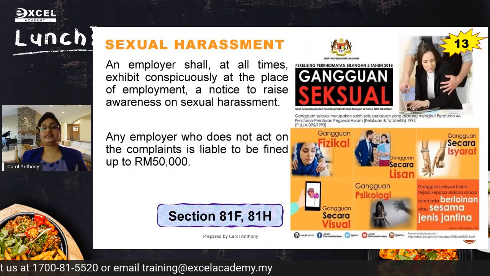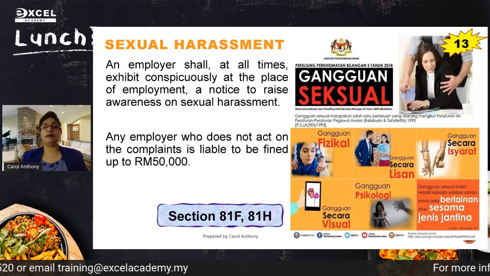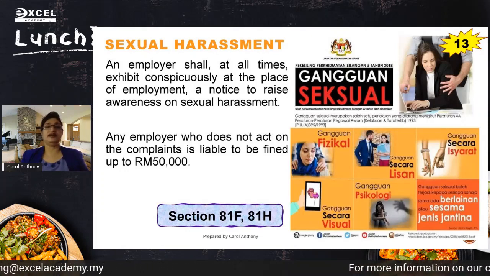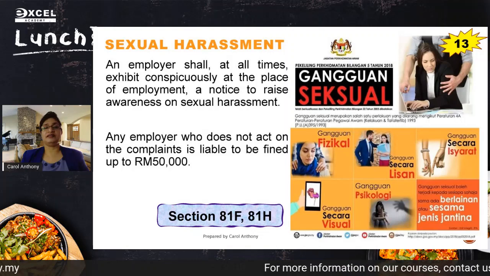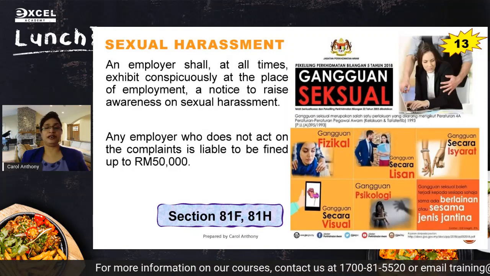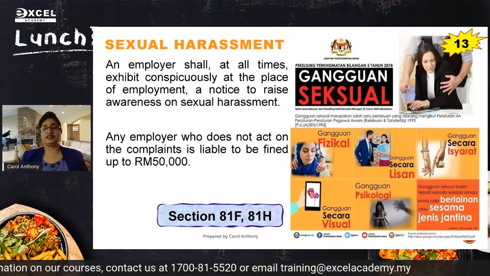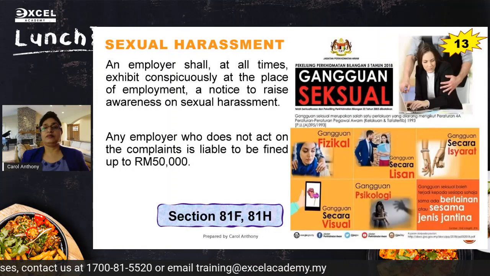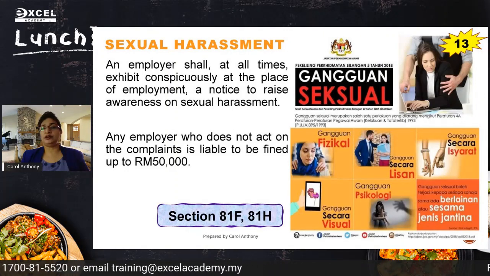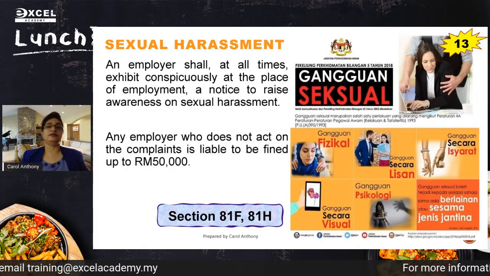So it must be accessible, conspicuous for all employees. And the fine, again, up to 50,000. An employer who does not act on complaints is liable to be fined. So you must have a complaints mechanism in place for this, right? Complaints can come in only if the employee knows what to complain about, right?